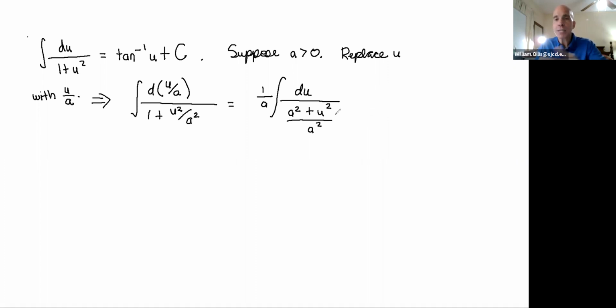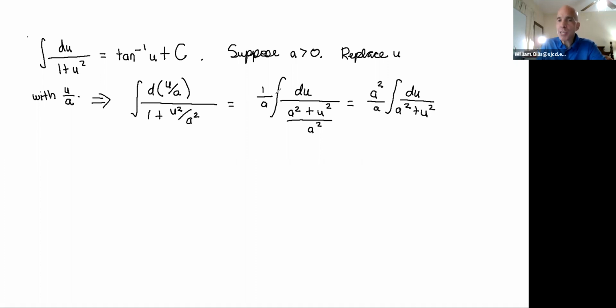Now, of course, notice with here, we have 1 over a squared. So that's just going to give us a squared. And of course, we can factor that. So that's going to be a squared divided by a times the integral du over a squared plus u squared.